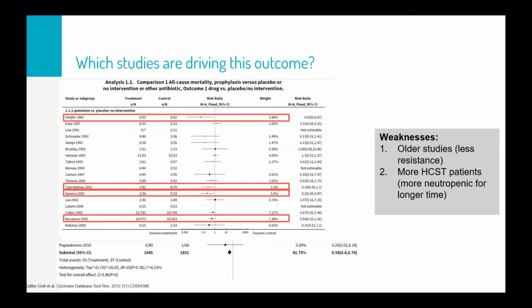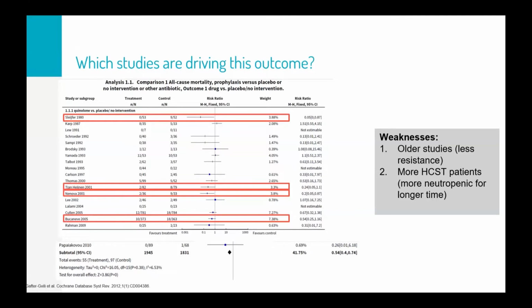So theoretically, less fluoroquinolone use back then equals less resistance than we have now. Secondly, the majority of the studies in this meta-analysis looked at heme malignancy patients and mostly stem cell transplant recipients who tend to be the most neutropenic for the longest durations.